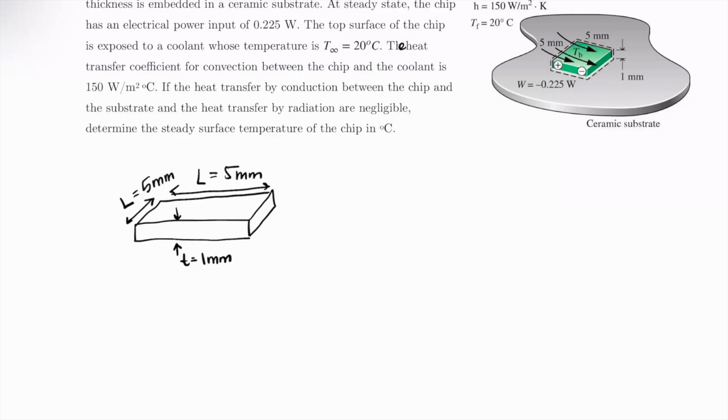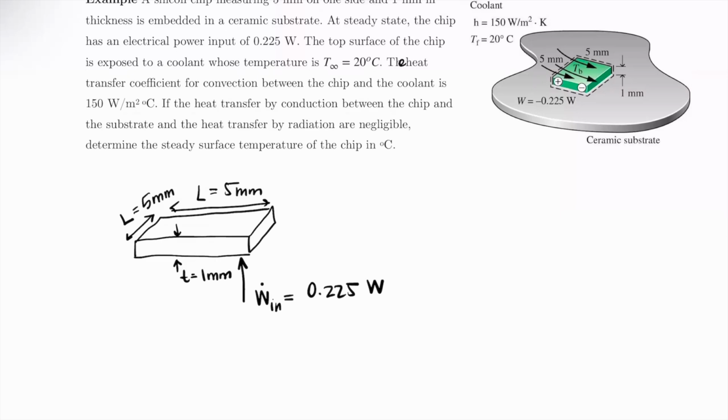Coming into this little block is W dot in, which is equal to 0.225 watts. This is our power input into our little chip. And we know that heat is going to be leaving our chip, and it's leaving due to convection. So we have fluid moving over top of this thing.